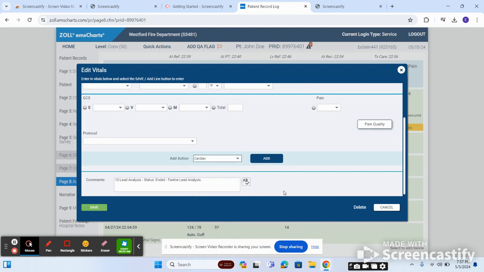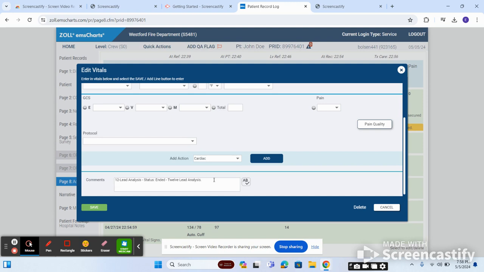I'm going to say cardiac again. I'm going to leave this 12 lead analysis right here because this says to the people reviewing the chart, to the folks at the hospital, and to anybody else down the line that happens to review your report that a 12 lead was obtained at this time.